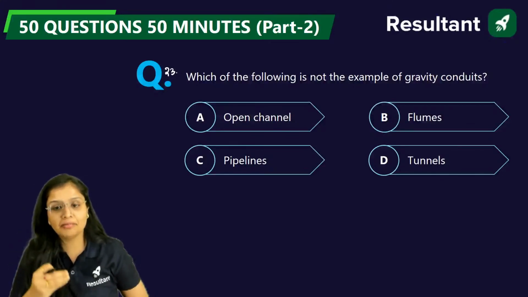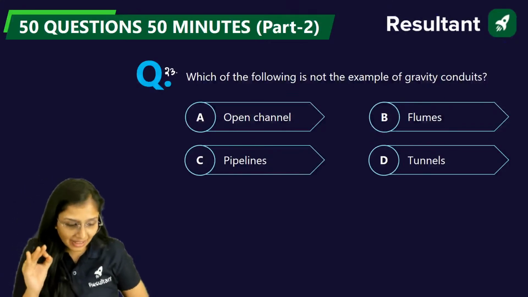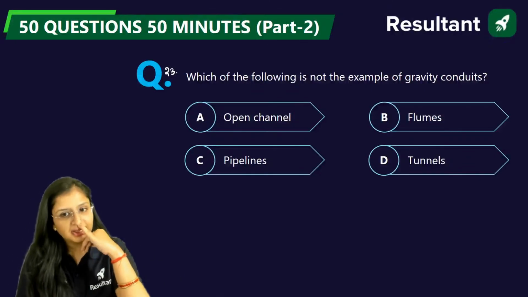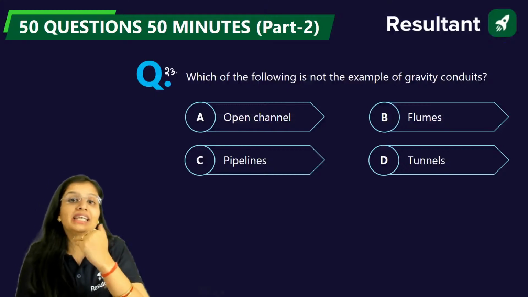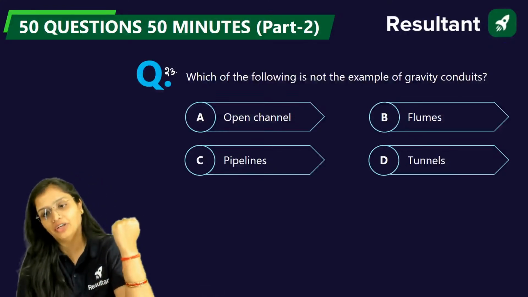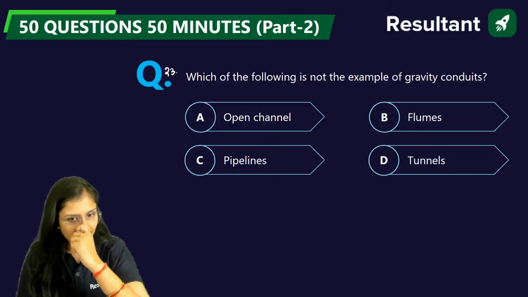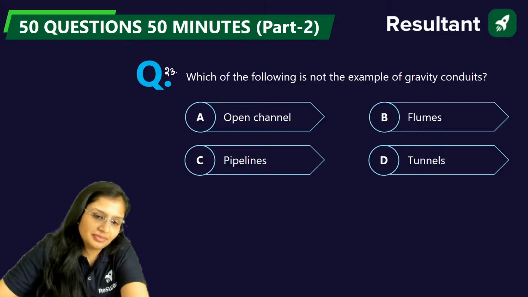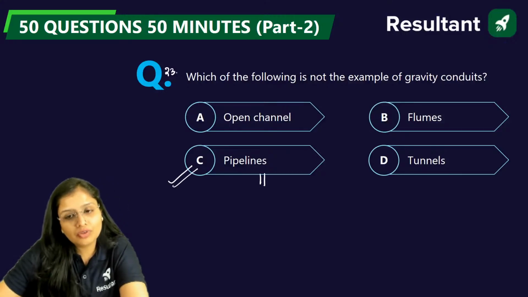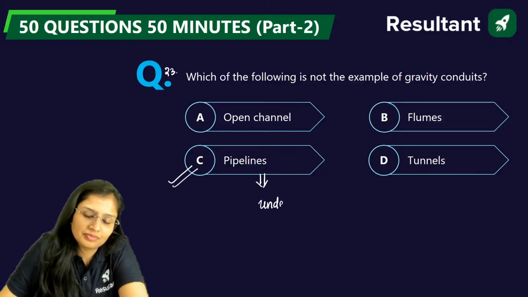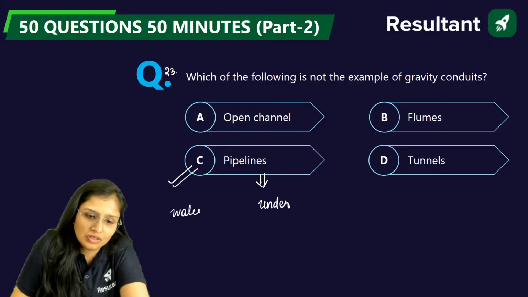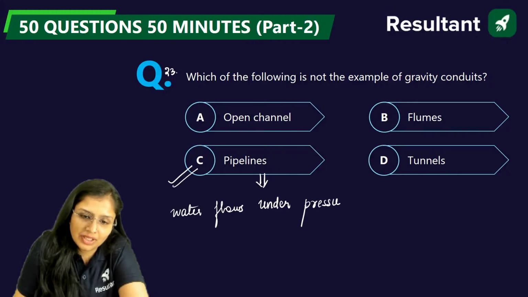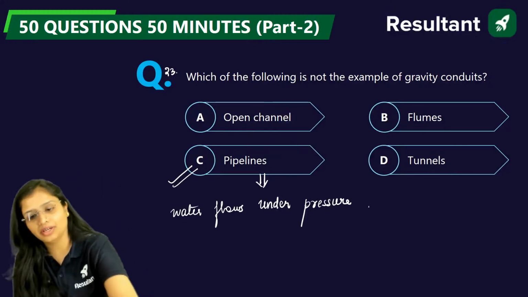Which is not the example? Pipelines. Here the water flows under pressure. It doesn't flow under the action of gravity.